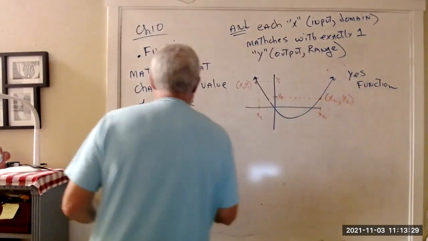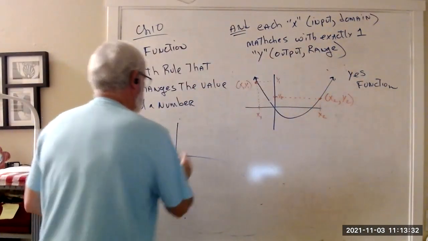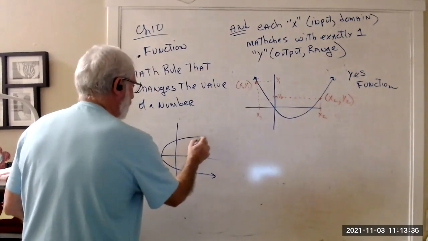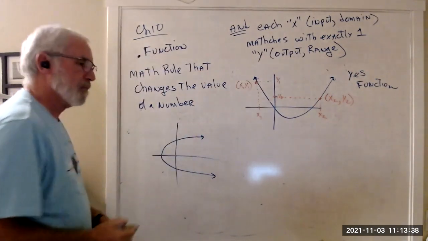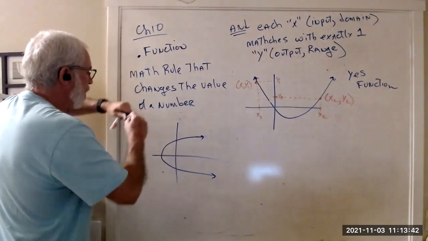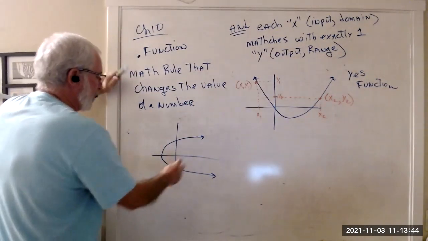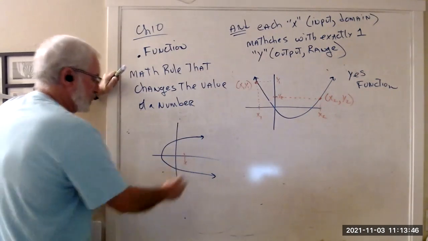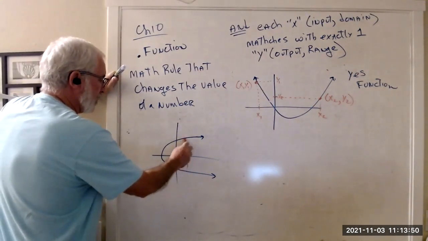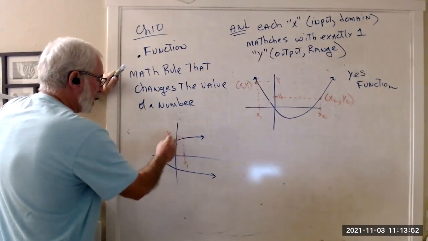But let's take a sideways parabola. And let's pick an x value. Here's x sub 1, I'm just picking a number at random. Read to the graph. If I read up here, I get a y sub 1.